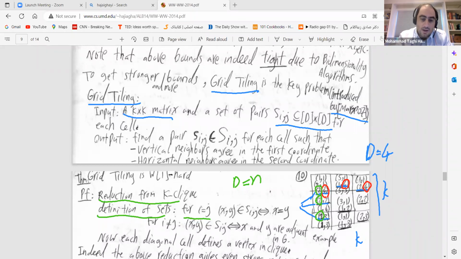For each diagonal entry, i equal to j, (x,y) belongs to S_ij if and only if x is equal to y. What's the meaning of that? For the diagonal, I will put (1,1), (2,2), up to (n,n).